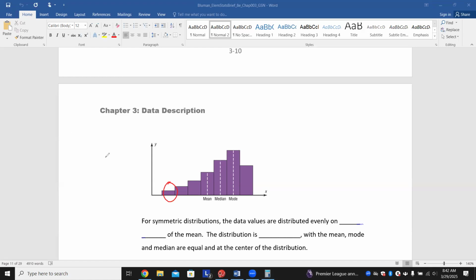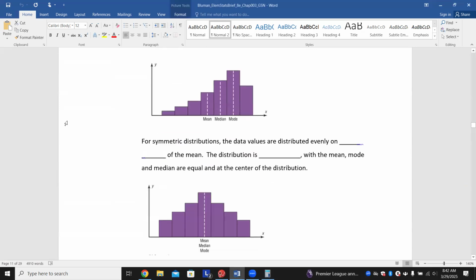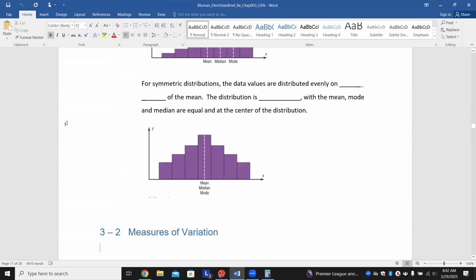All right, and then we have a third one. This is what is ideal. And this is what we'll probably play around with for most of the rest of the other chapters. For symmetric distributions, the data values are distributed evenly on both sides of the mean, and the distribution is unimodal.